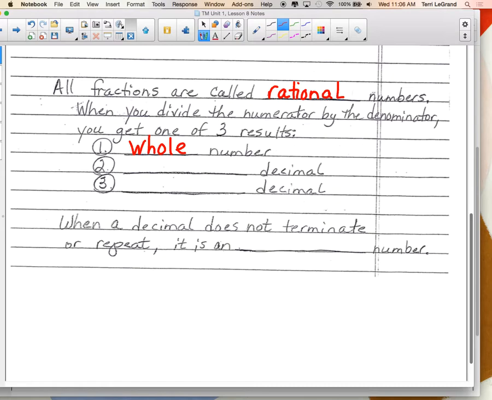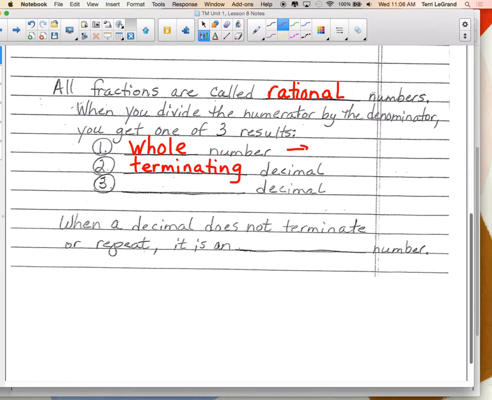So we can either get a whole number when we divide them out, or we can get what we call a terminating decimal. Terminating decimal, in other words, it's not a whole number. There's a decimal involved, but it terminates. What's terminate mean? Like, you get rid of it? You get rid of it, it stops, it ends, it's gone, right? It stops, okay? So can anybody give me an example of a fraction that would give us a terminating decimal?